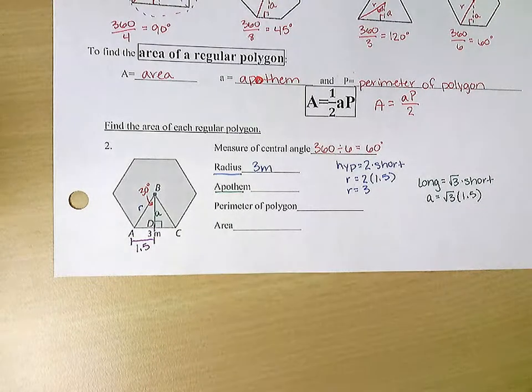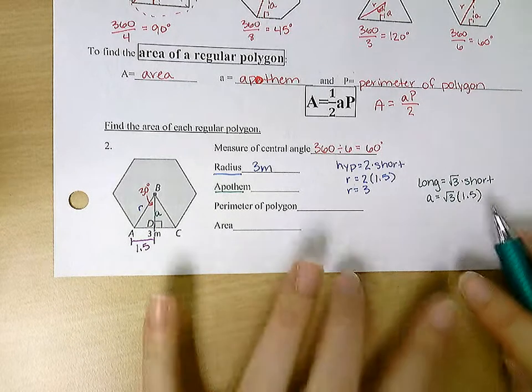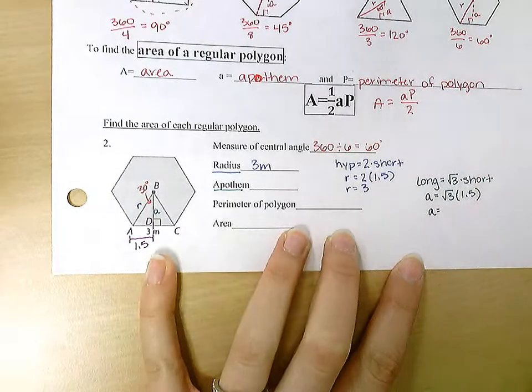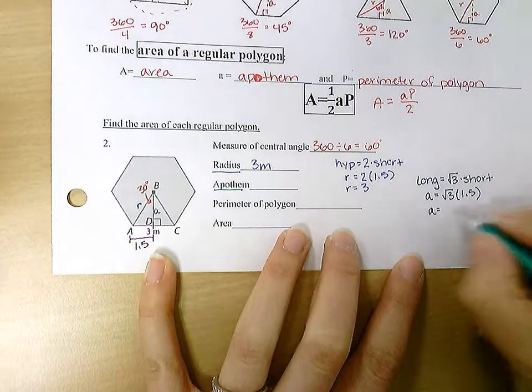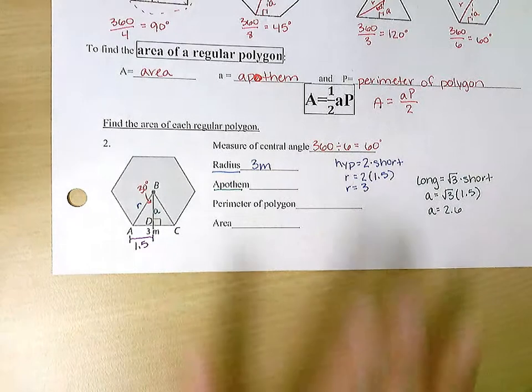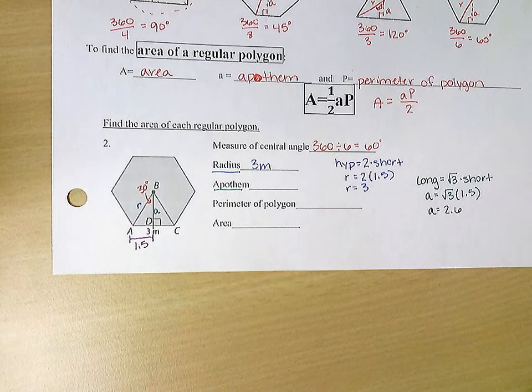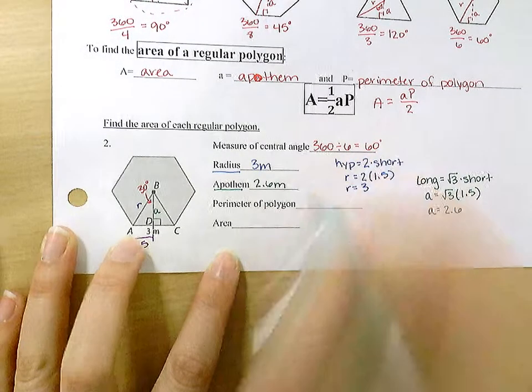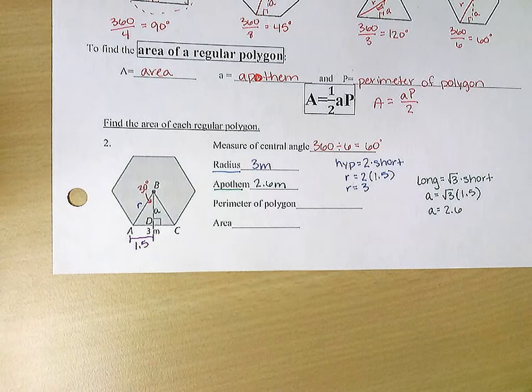Yes, I will allow you to actually multiply that and round to a decimal. Multiply 1.5 times the square root of 3. I got 2.6. So our apothem will be 2.6 meters.